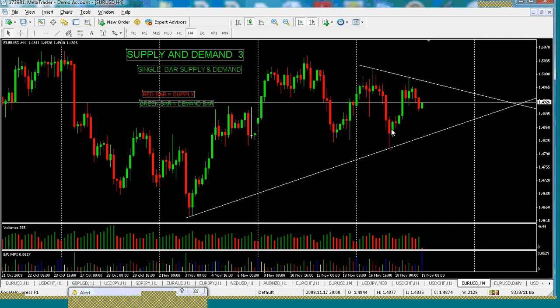So did demand overcome supply here? No, it didn't. We come to this next bar. Did demand overcome supply? Until we have a close above the high of this bar, the supply bar, supply still holds sway.